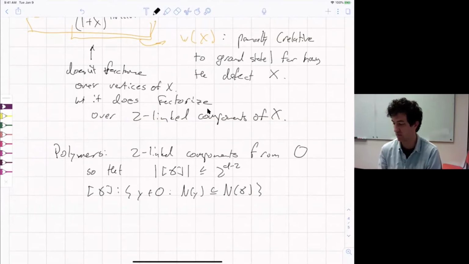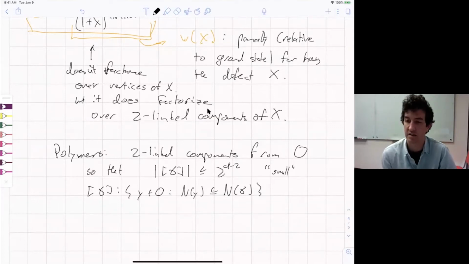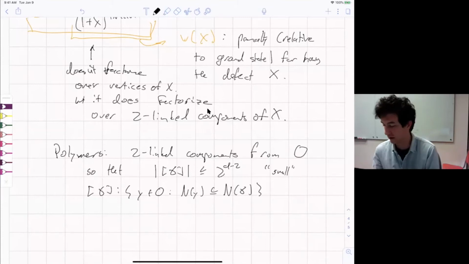Just think of this as some notion of size, and this is our notion of small. If we didn't have this notion of small, then of course we could also include in our polymer model independent sets that were dominated by odd vertices. And so we want to restrict really to even dominated independent sets.